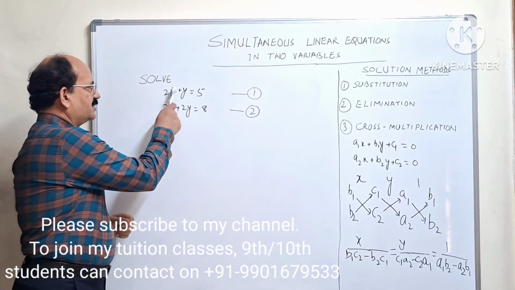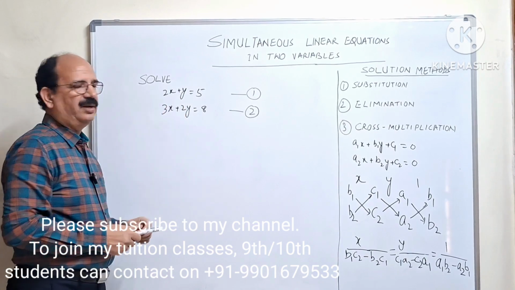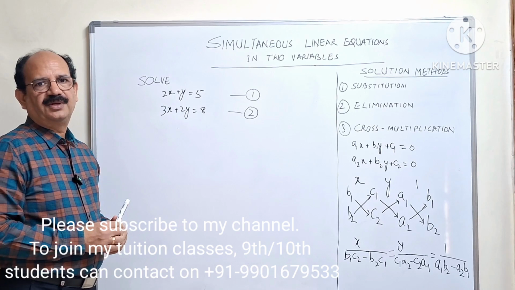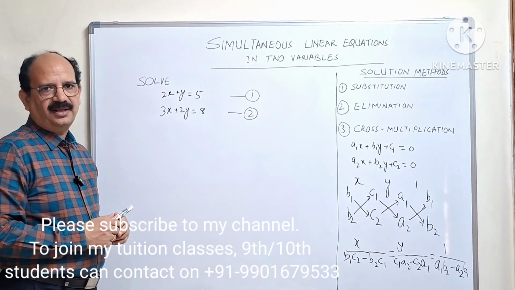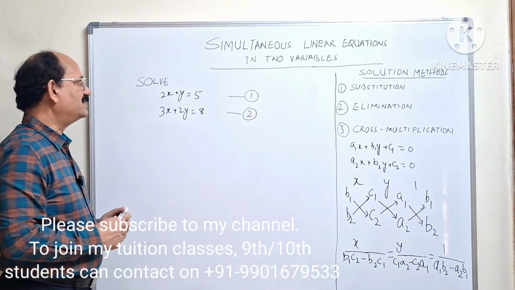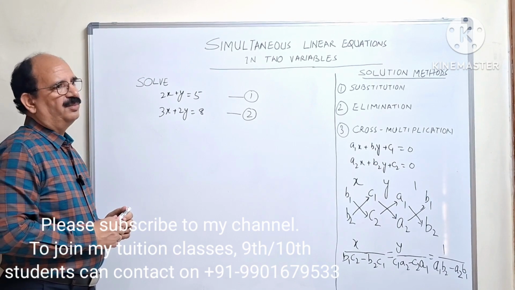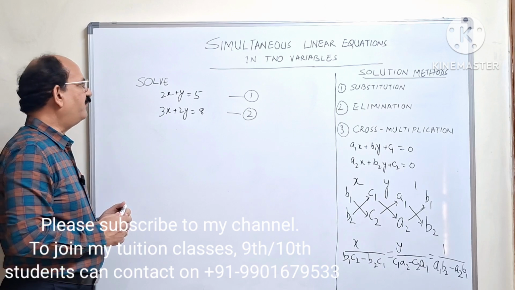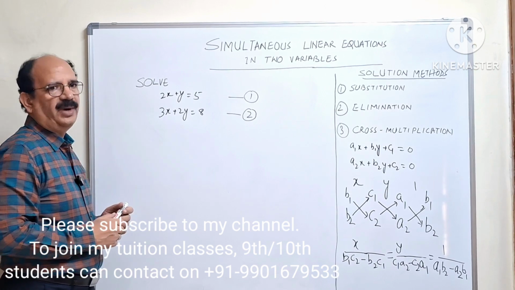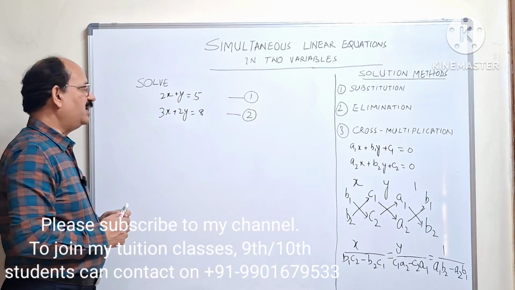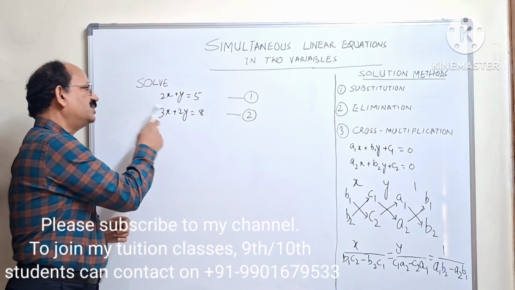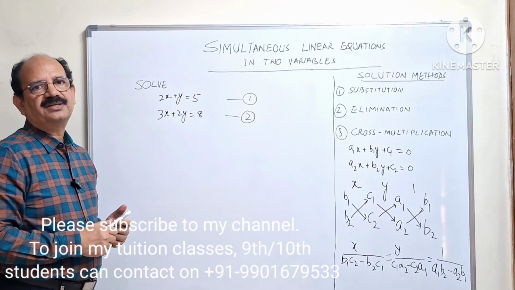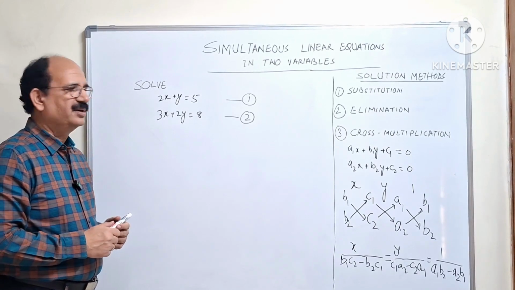The power of x is 1, the power of y is also 1 in both the equations, and therefore it is called a linear equation. Why is it simultaneous? Because you have to find a solution of x and y which simultaneously satisfies both these equations. And that is the reason it is called a simultaneous linear equation.